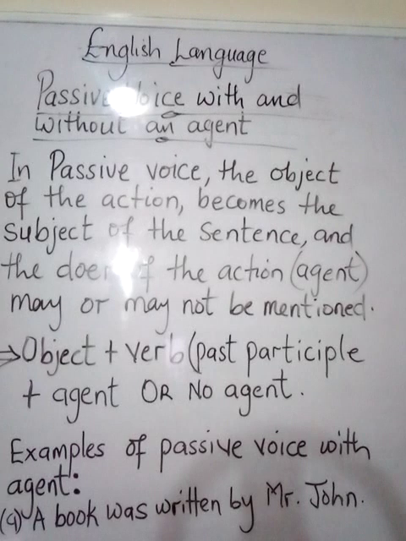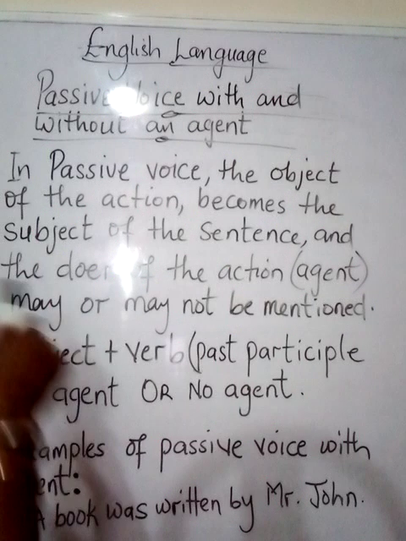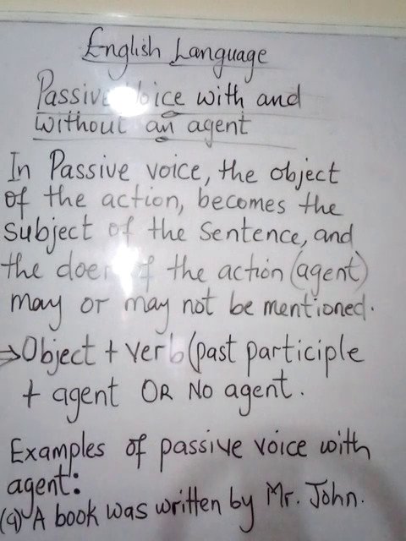So now we're going into what we actually have for today, which is passive voice with and without an agent. Now we have seen what active voice is and what passive voice is, that they are ways of expressing sentences, with the positioning of the subject, the verb, and the object, placing them in the active voice or in the passive voice.